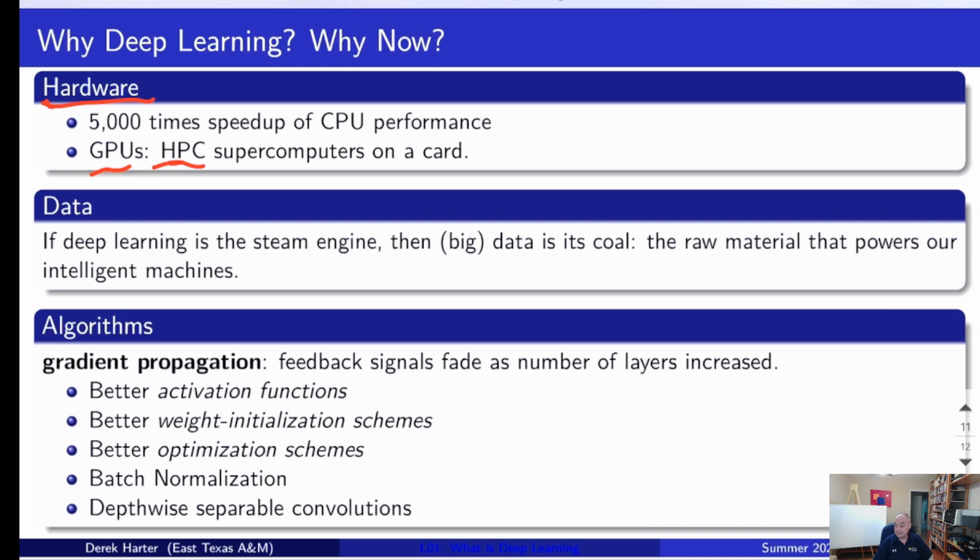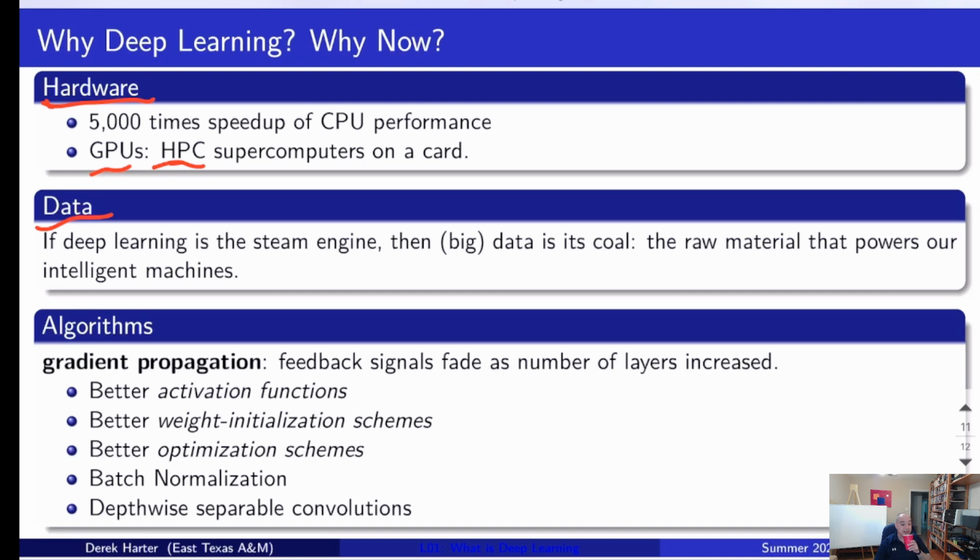Besides that, you need large data sets to make deep learning possible. Like our textbook mentions, if deep learning algorithms are the steam engine, then the data is like the coal, if you think of the deep learning revolution as something like the industrial revolution. So having big data sets makes deep learning possible.